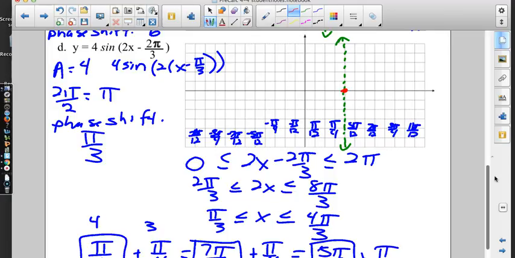Oh, where is our next one? Let's look in our boxes. 7 pi over 12. Yeah, same thing as last time. Do the 3 over 4 up piece.